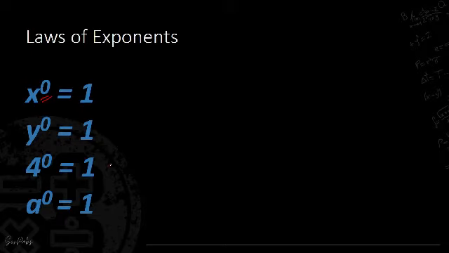So whether it is a large number, a small number, or a negative number, that will always be equal to 1. So example, if we have 524 to the 0 exponent, that is equivalent to 1. Negative 2 to the 0 power is equal to 1.